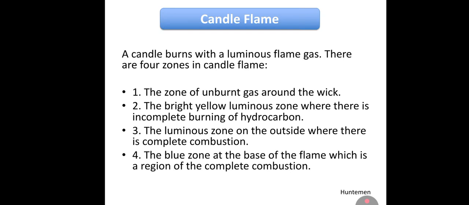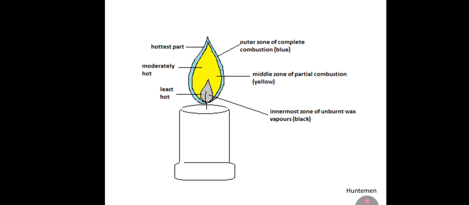There are 4 zones in candle flame, like we have seen in the examples: the unburnt zone, the bright yellow luminous zone, the outer zone, the hottest part, and the blue zone at the base, like it is labeled here.